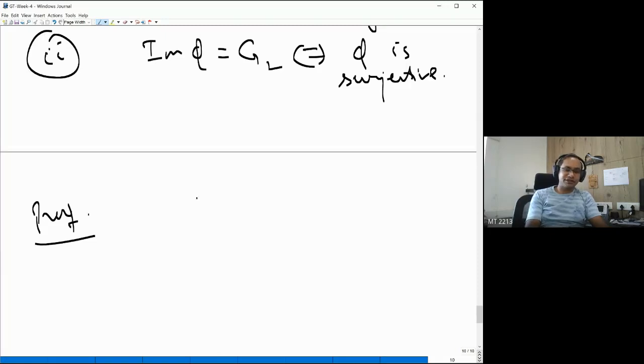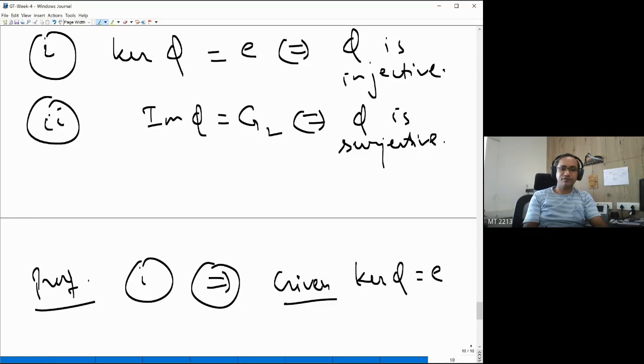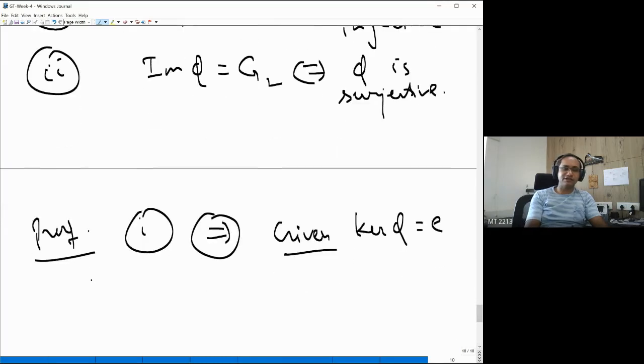So proof of one, basically, right? I mean, two is automatic, so proof of one. So suppose I'm given, so let's say we are trying to prove this way. So we are given kernel of phi is identity. We need to show that phi is injective.